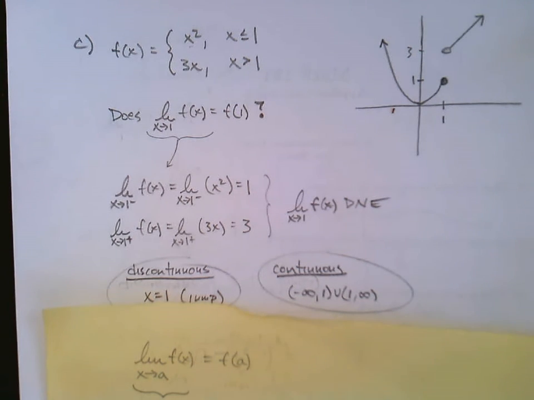So if she's just making her sales and she sells under $10,000, she doesn't get any commission. She just gets her $2,500. But if she goes over $10,000, then she'll receive an additional 5% commission. And here's the really cool part. She will get 5% commission on all of her sales.